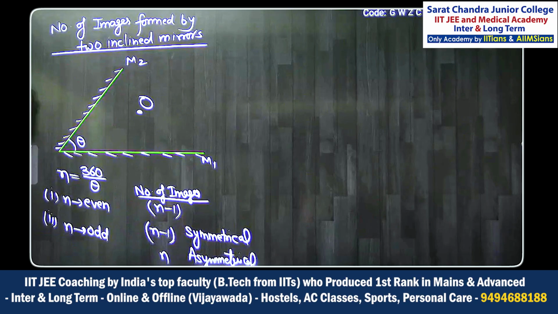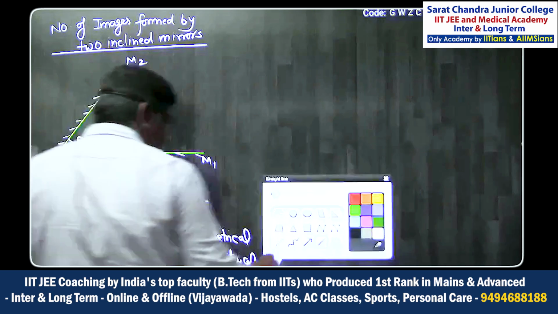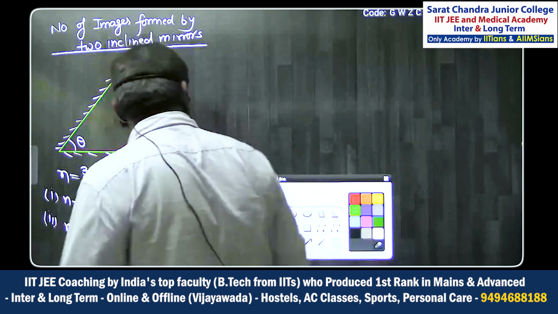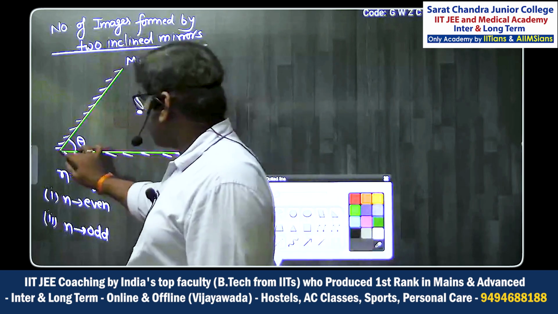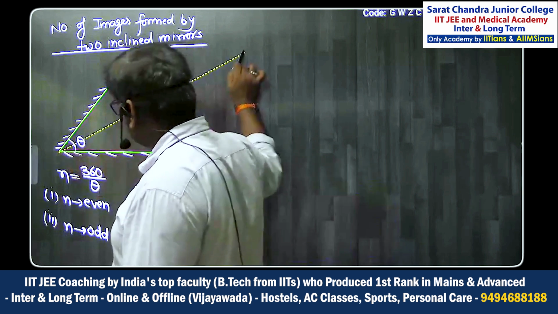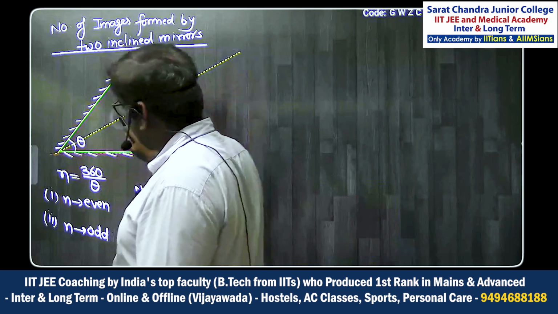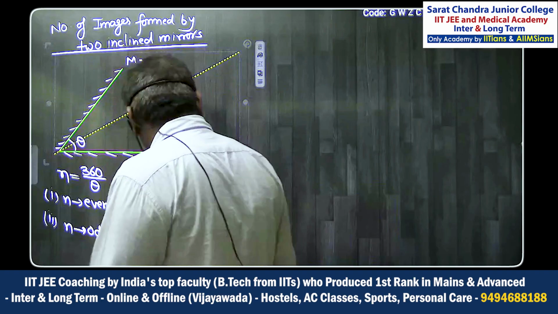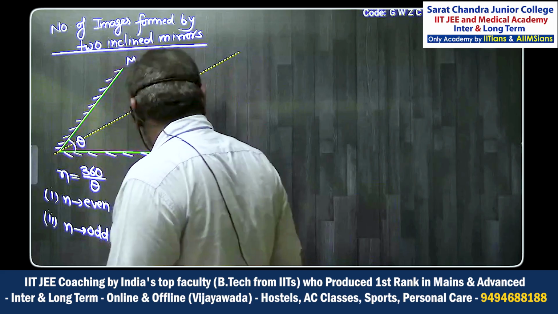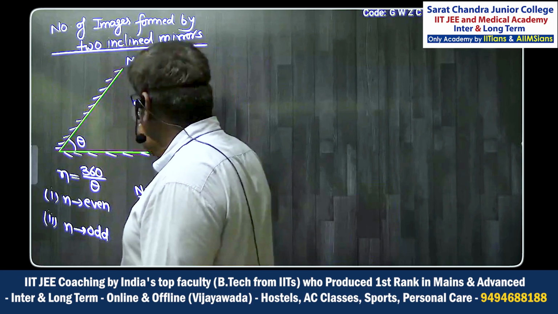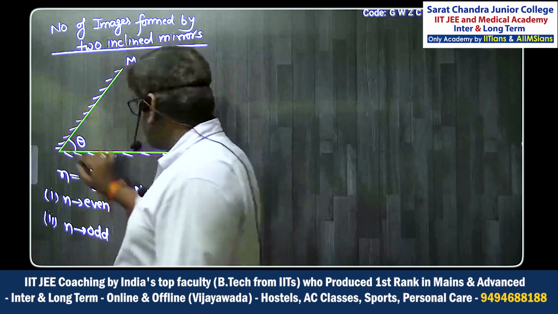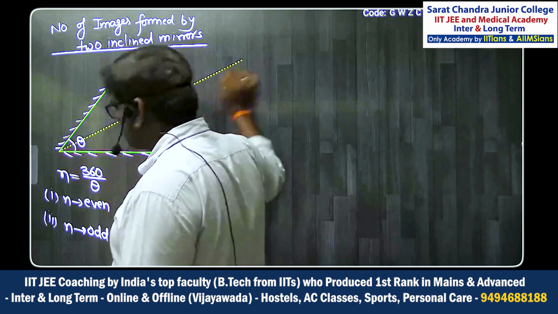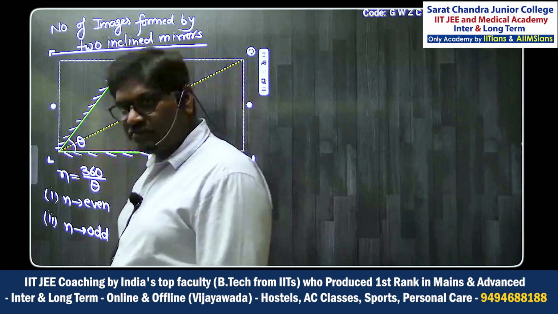Symmetrical means it will be having the same or identical position from both the mirrors. So I will tell you a better way to decide symmetrical and asymmetrical. If I draw the angle bisector of this angle, and the object lies anywhere on this line, it will be symmetrical.